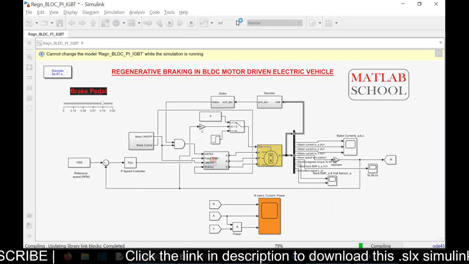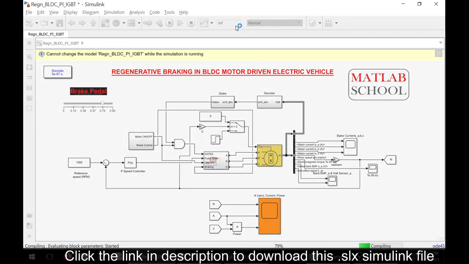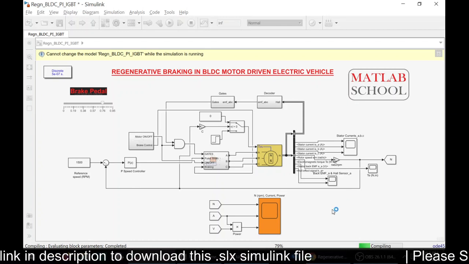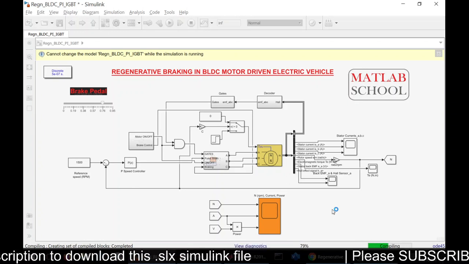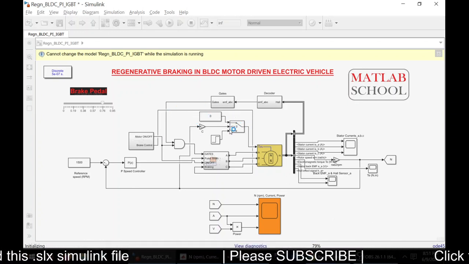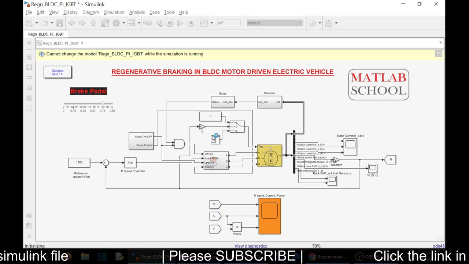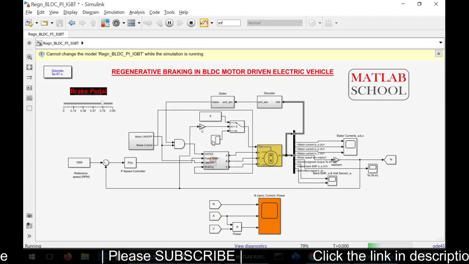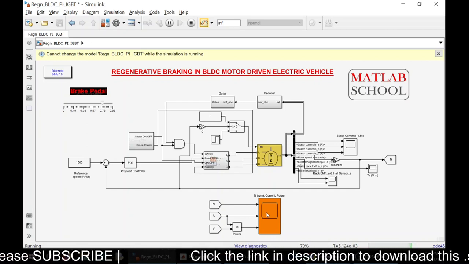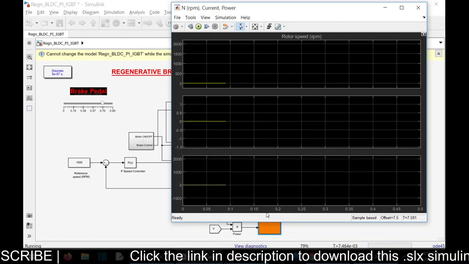I'm simulating it for infinite time period. See, I'm having this model for stopping the motor whenever the speed goes to 0. Okay, we shall start the simulation.